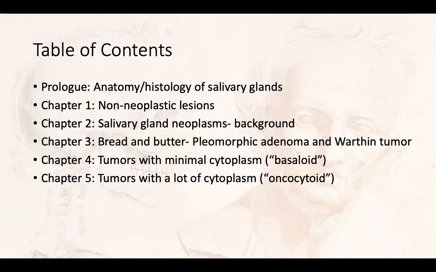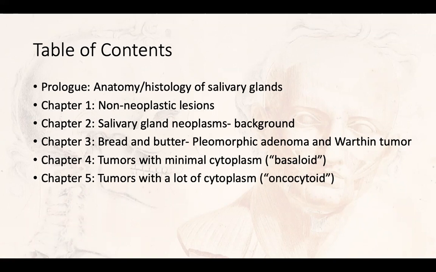So we're going to talk about the salivary gland today, as I said. We're going to be starting with the anatomy and the histology of the salivary gland, just so we can get a basic overview of how the salivary glands are structured. Then we'll take a minute to talk about non-neoplastic lesions. I'm going to talk about just a handful of things that we might see.